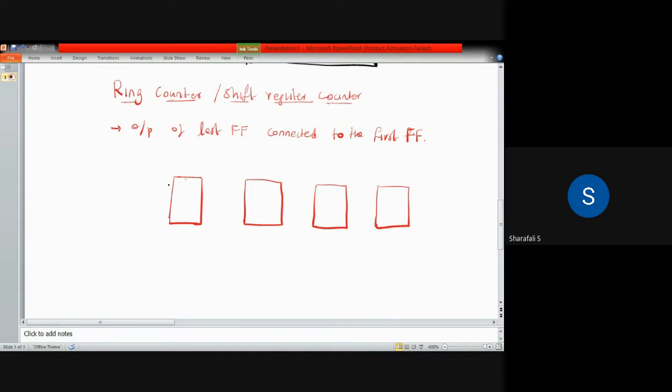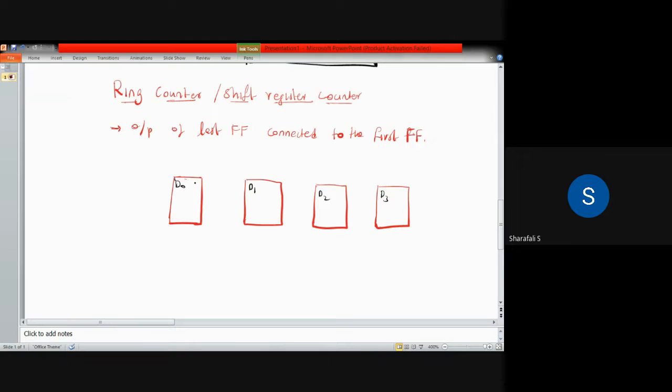So let's consider this case. We are considering D flip flops, which is also JK with that state changing conditions. So let's consider this is your D0, D1, D2, D3. This we already discussed for the case of a shift register, this circuit.